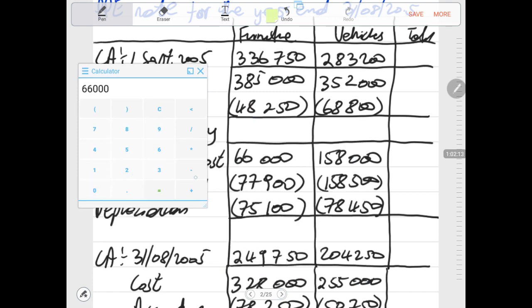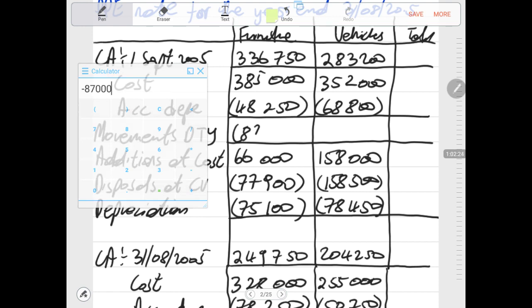Then I calculate my movements. 66,000 minus 77,900 minus 75,100. Obviously the total will be negative 87,000 rands. This depends on the figure that you have.